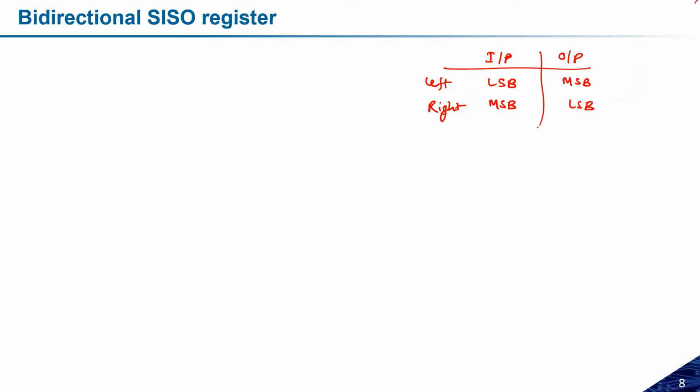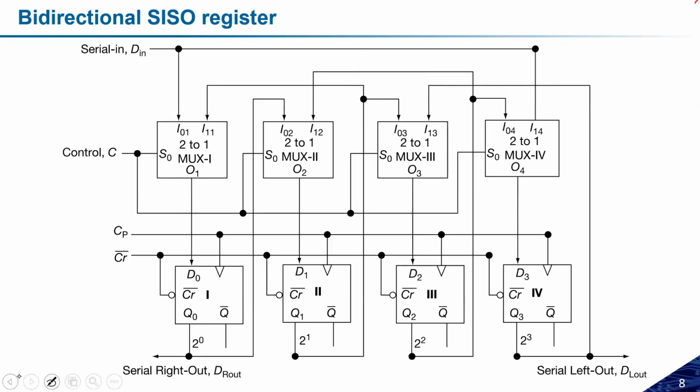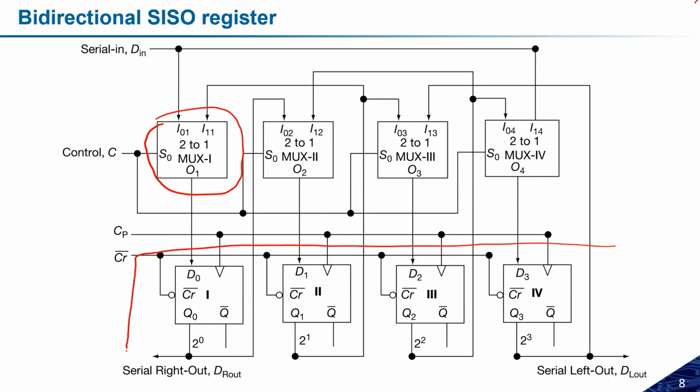So if I want to make a register which can perform bidirectional operation, either left or right, how can we make it? Let us see how the circuit looks for the bidirectional one. See here. As we know, multiplexers are a circuit that can decide which input will be transferred to the output. See here, the bottom part is common in both.